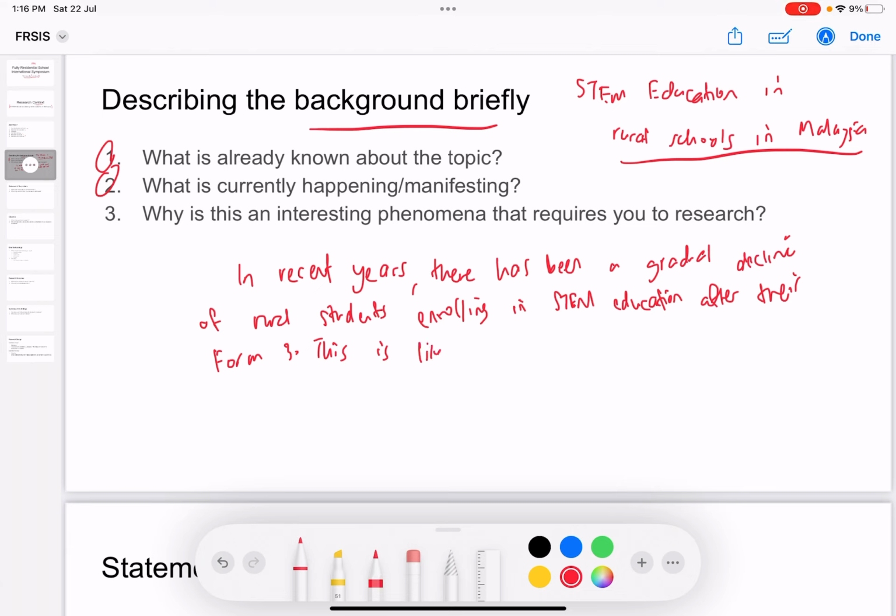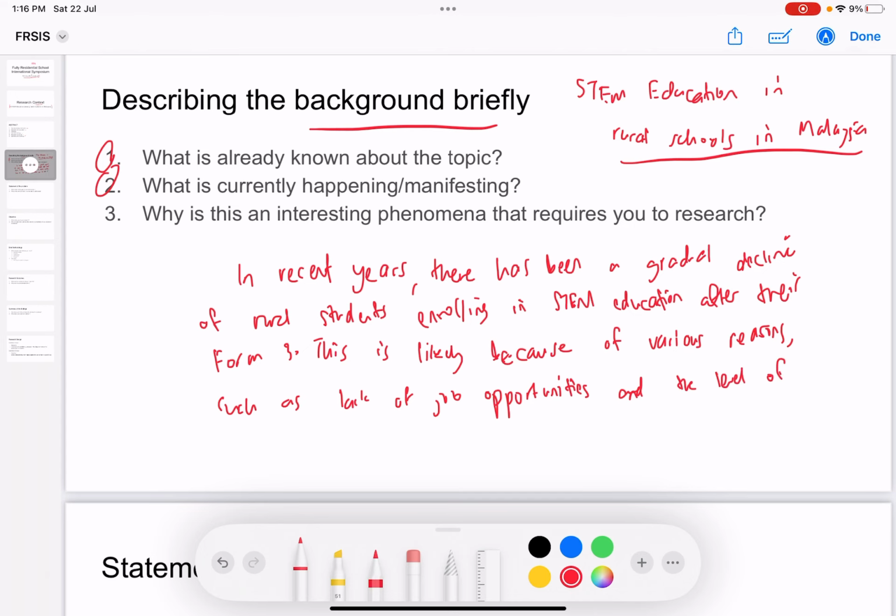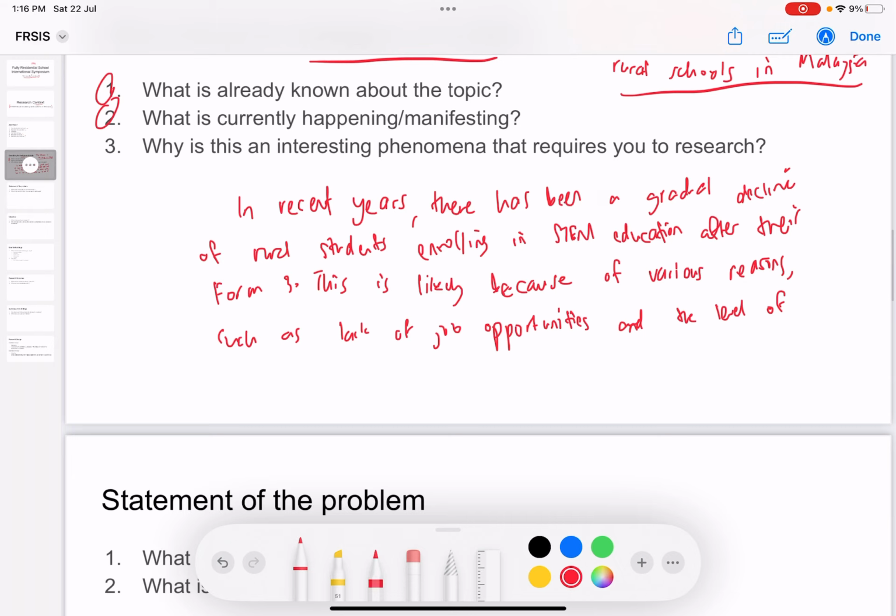This is likely because of various reasons, such as lack of job opportunities, and, again, you're just making an assumption here, and the level of difficulties of STEM components. Okay, right, so again, this is something very simple.